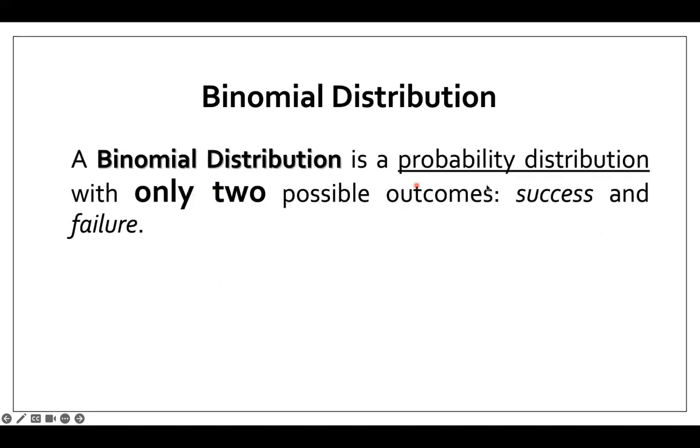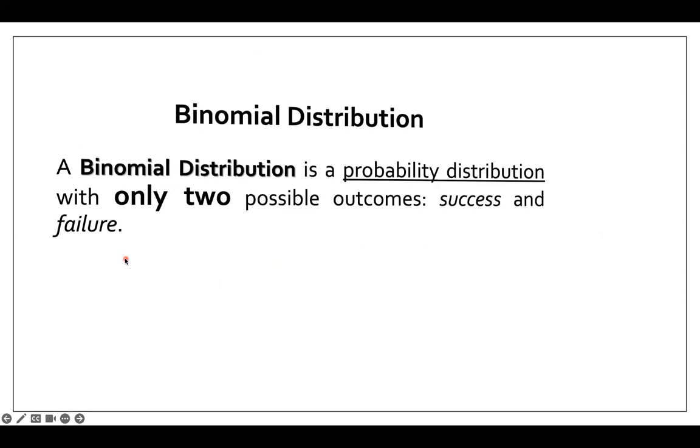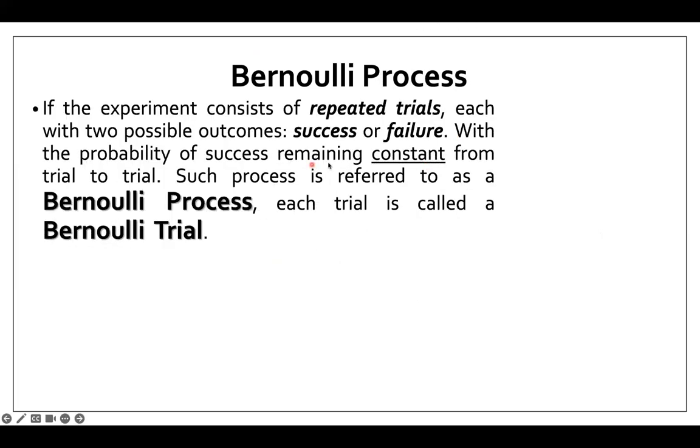So let's explain that a binomial distribution is a discrete probability distribution with only two possible outcomes, which we divide into a success and a failure. Before going deeper into that, the number of trials or repetitions that we do the experiment is what we call a Bernoulli process.